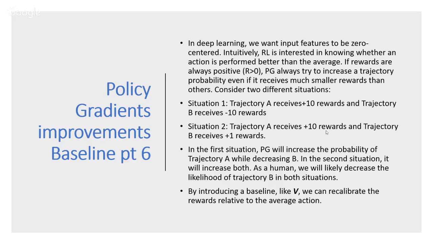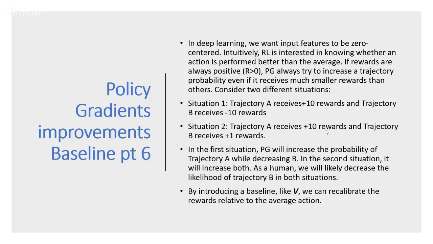So, in deep learning, we want the input features to be zero-centered. Intuitively, I was interested in knowing whether an action performed better than average. The rewards are always positive. Policy gradient always tries to increase the trajectory probability even if it receives much smaller rewards than others. Consider two different situations. In situation 1, trajectory A receives plus 10 reward and trajectory B receives minus 10 reward. In situation 2, trajectory A receives plus 10 reward and trajectory B receives plus 1 reward.